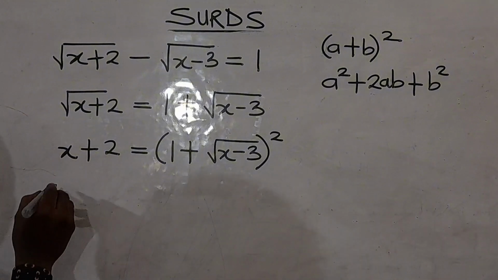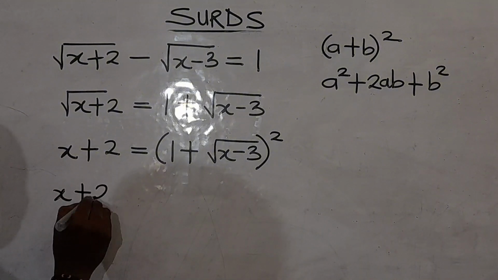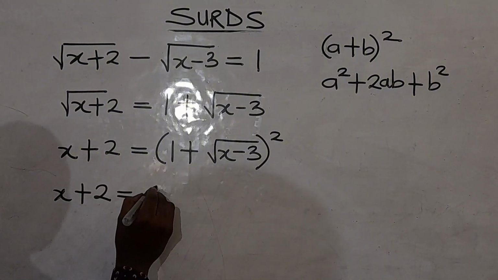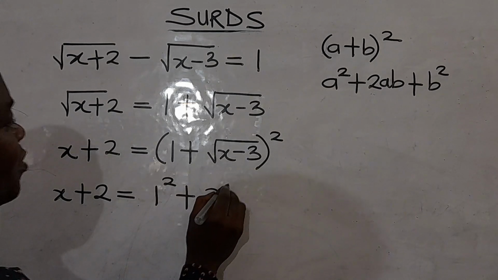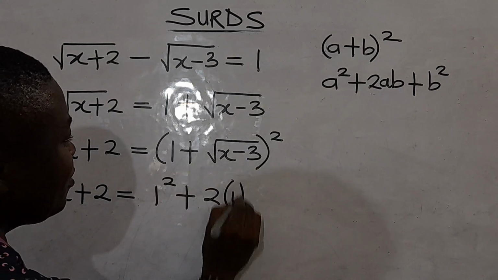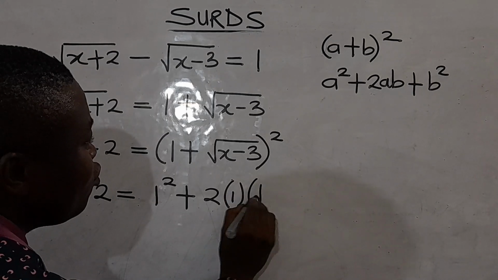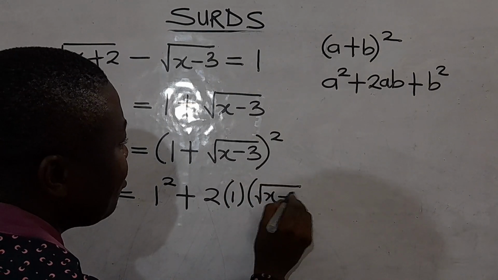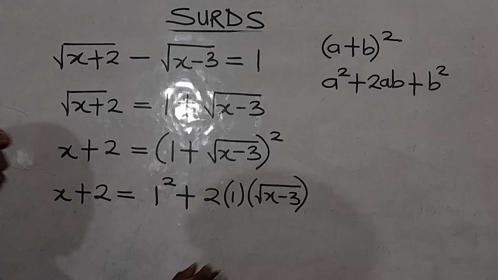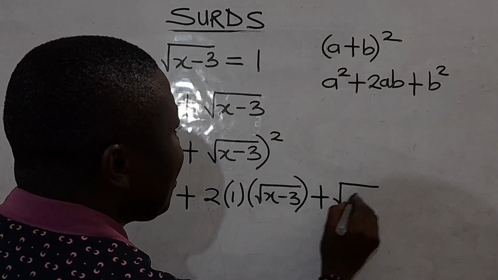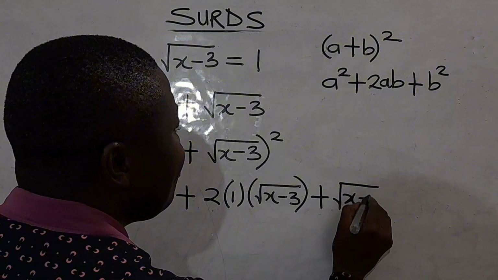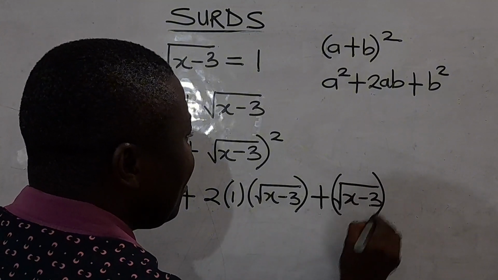So this becomes x plus 2 equal to 1 square plus 2 times 1 times root x minus 3, then I have plus root x minus 3 squared.